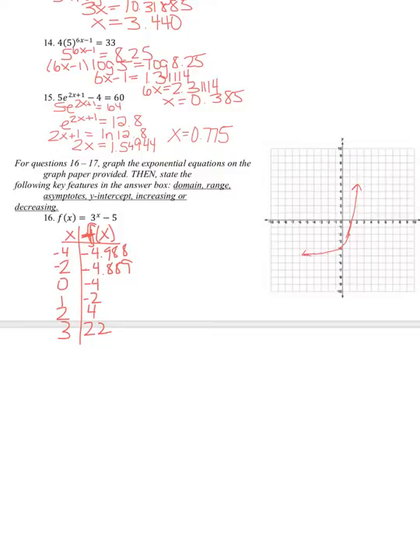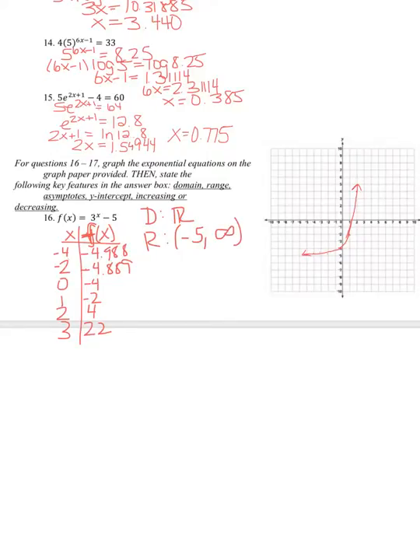So for this, my domain, my x values, I keep going to the left, keep going to the right. My domain is all real numbers. My range, though, my y values, they don't go all the way down. My smallest possible y value is as close as I can get to -5 without hitting it. So with the parenthesis, it's -5, and then it goes up until infinity.